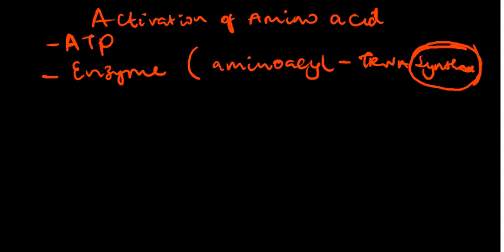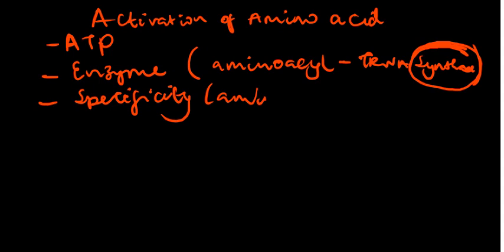This is the enzyme that we use to activate this amino acid. There is one enzyme for each amino acid, so there is specificity. I'm sure you know that every enzyme is specific for a chemical reaction, so every amino acid is going to have a specific enzyme that's going to activate it.